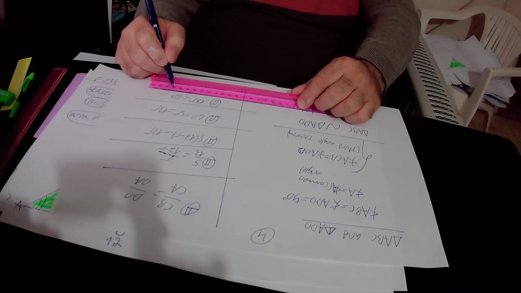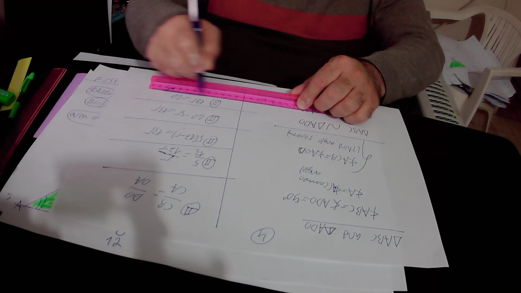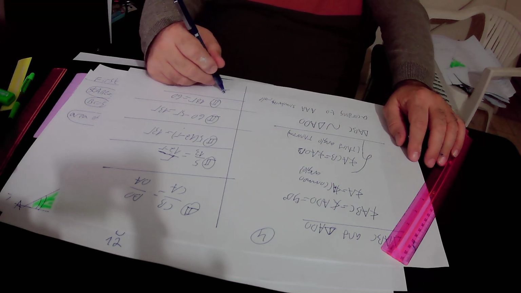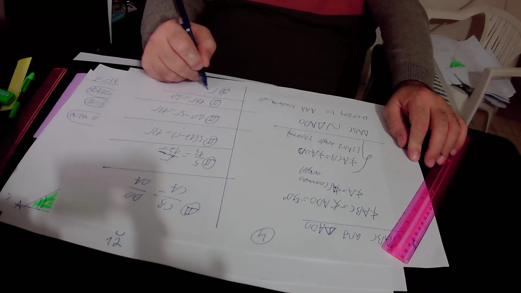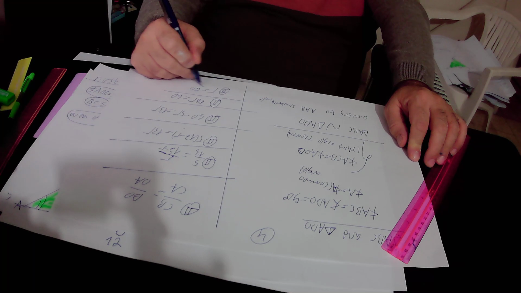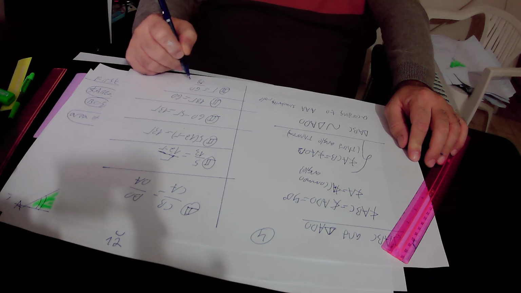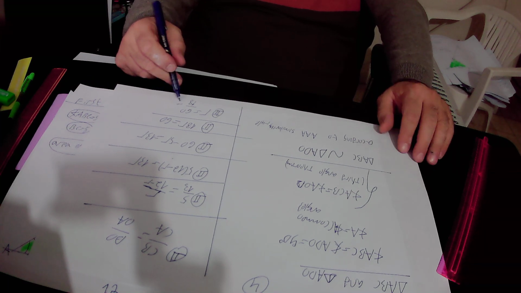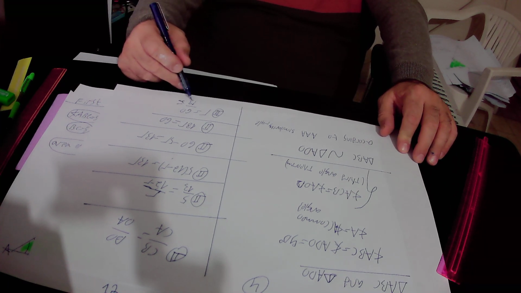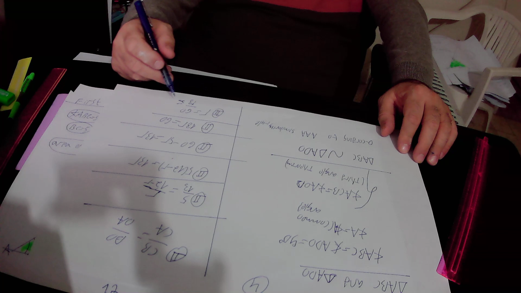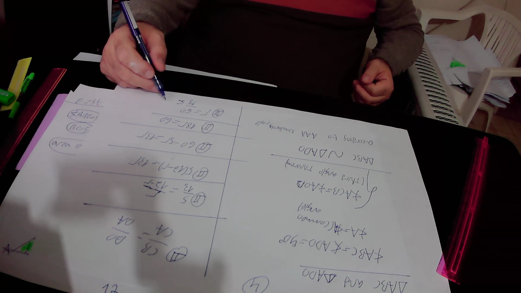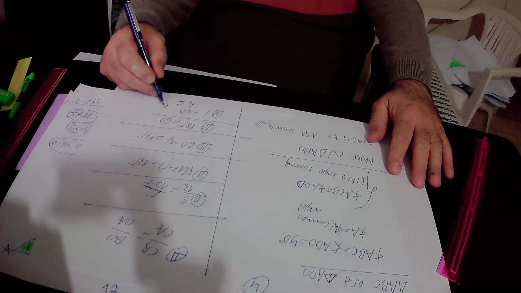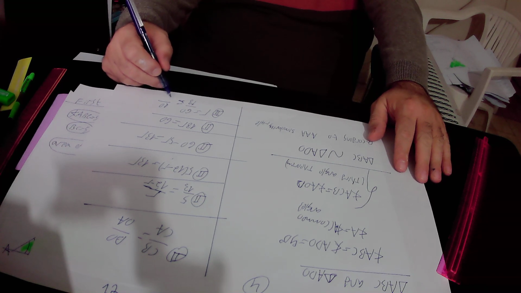Here we will divide the equation by 18, and we will get that the radius of the semicircle equals 60 over 18. Here we will divide both the numerator and the denominator by 6, and we will get that 60 over 6 is 10, and 18 over 6 is 3.